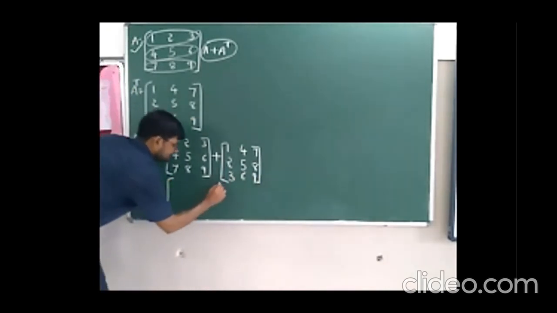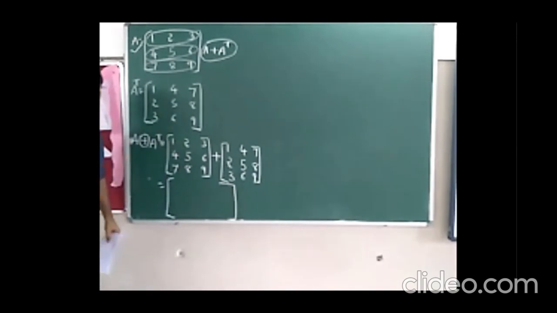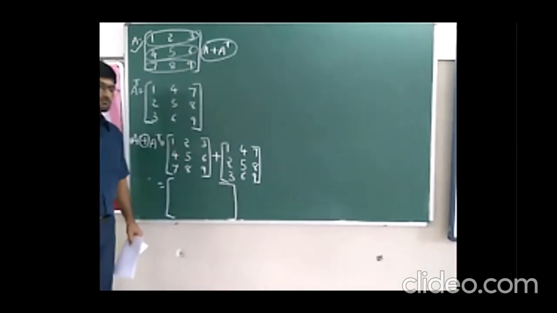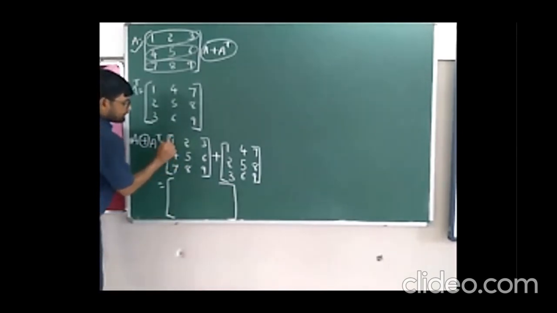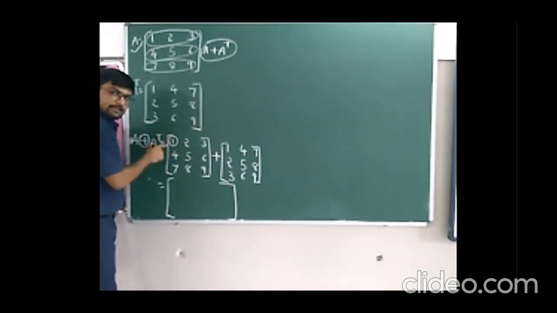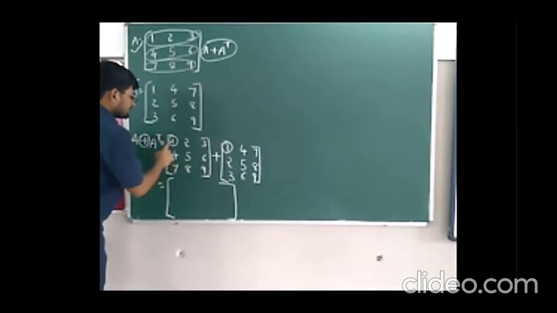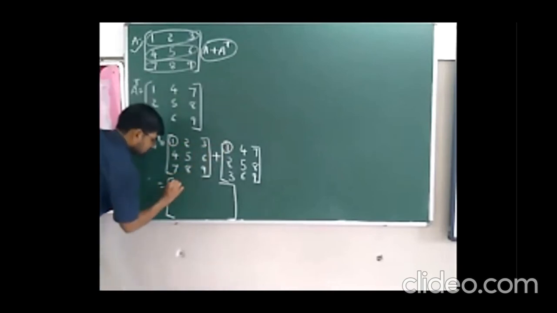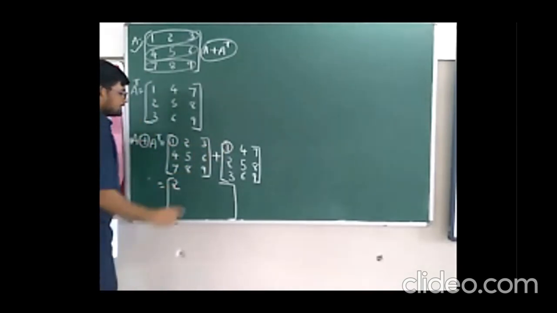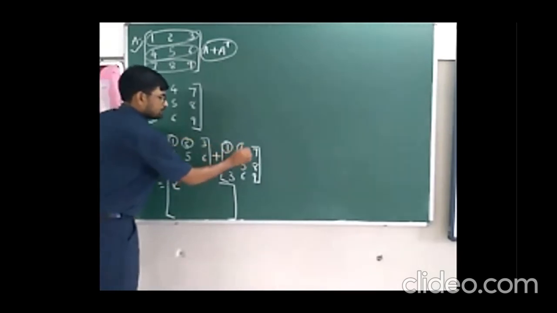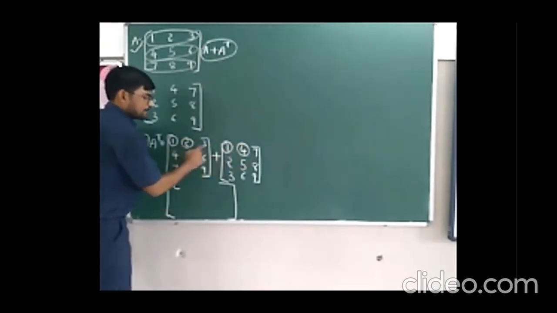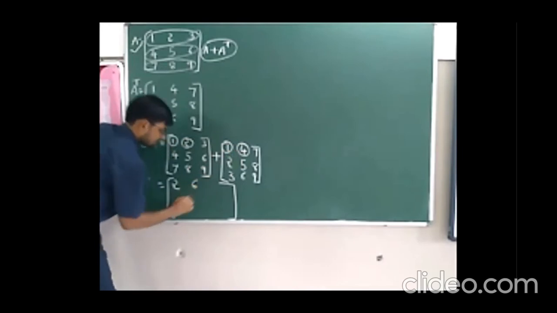How can we add these two matrices? We have seen this in the last lecture also. First we add the first element of matrix A and the first element of A transpose: 1 plus 1 is 2. Then second element plus second element: 2 plus 4 is 6.